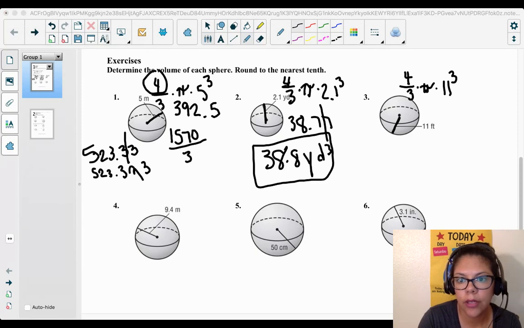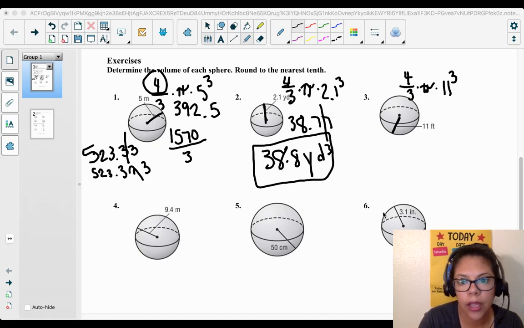So 11 times 11 times 11 is 1331 times pi, so times 3.14, times 4. Okay, and then divide by 3. Don't forget the divide by 3 at the very end.